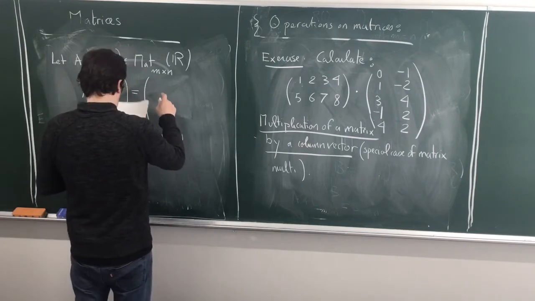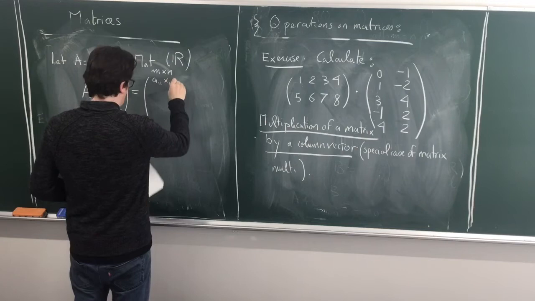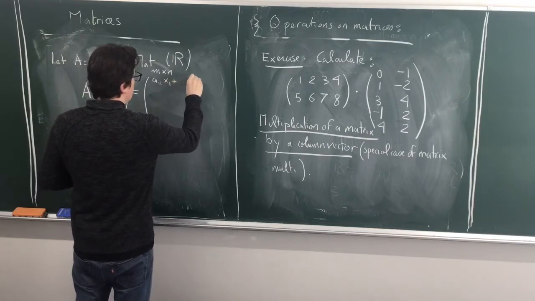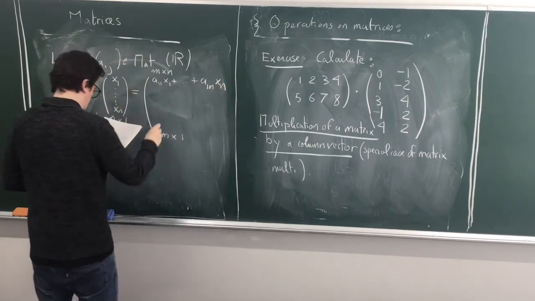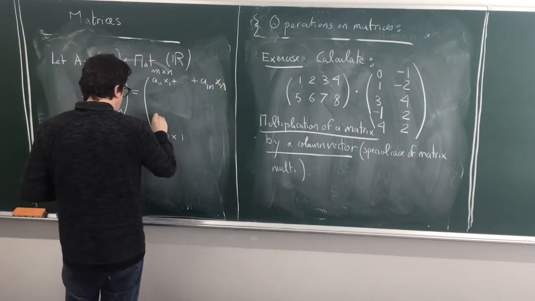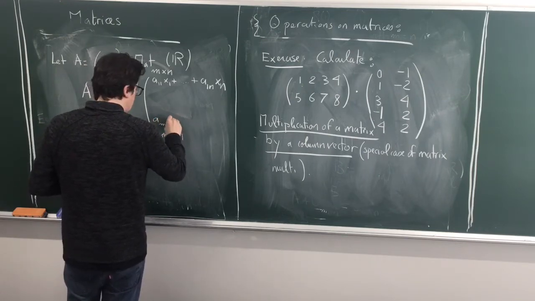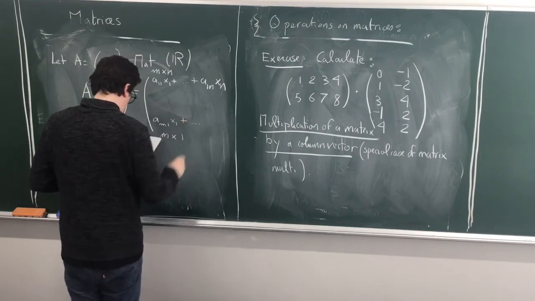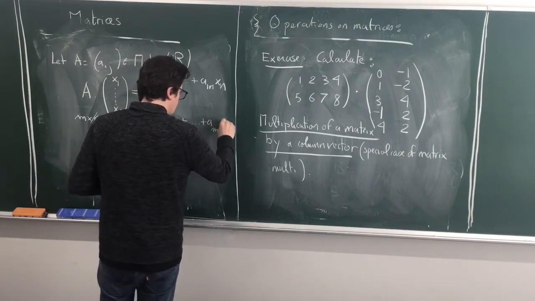The first entry will be a11x1 plus ... plus a1nxn. You can check that. I just follow the definition of multiplication of matrices. The last one will be am1x1 plus ... plus amnxn.